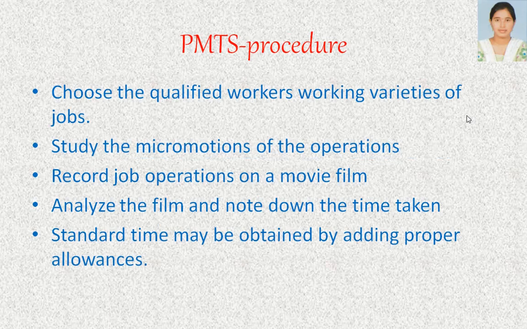First, we have to choose qualified workers working on a variety of jobs under normal working conditions in industries. So, we select workers who can do a variety of jobs. Next, study the micro motions of the operator and record job operations on a movie film with the help of cameras.